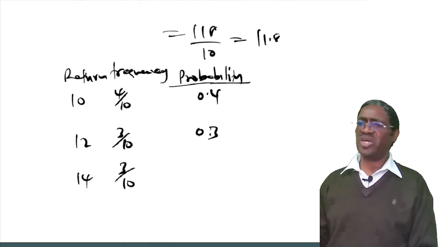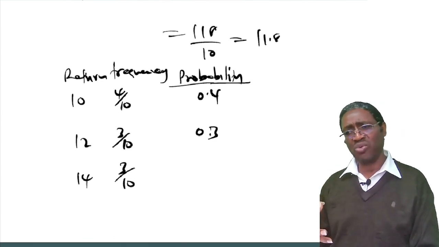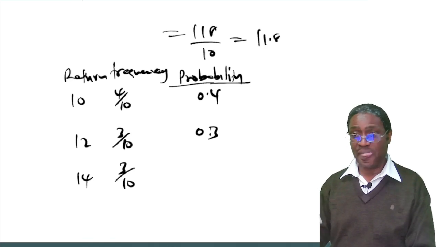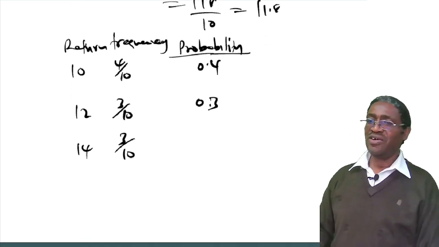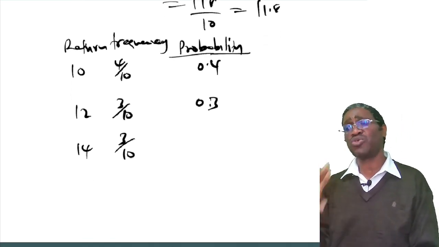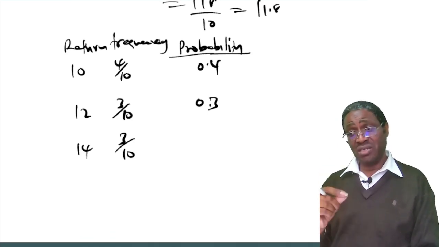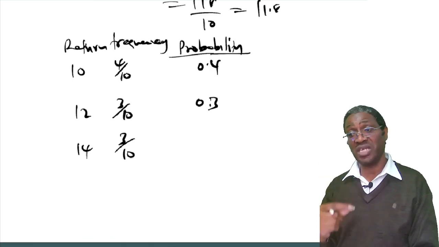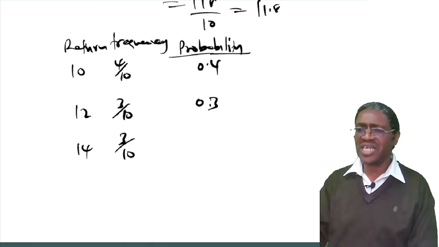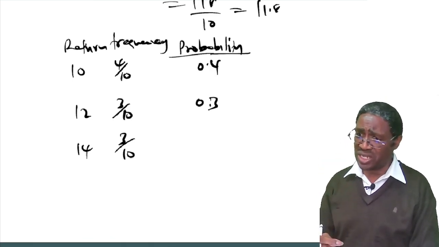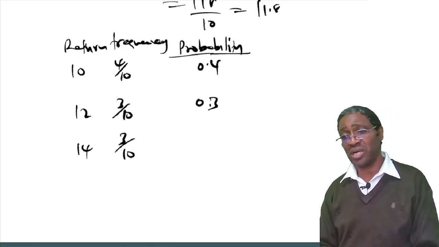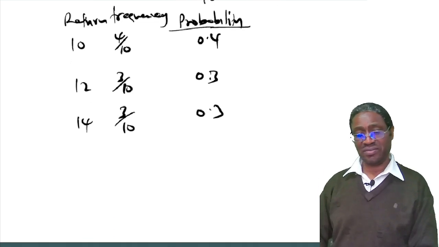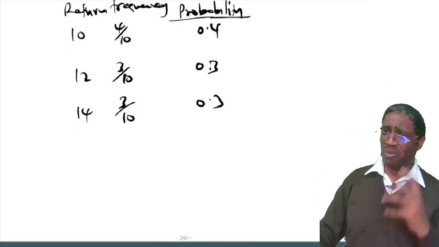So in other words, you can see the probabilities represent the frequencies. Good. 14 as a return occurred 3 times out of 10 years. So the probability that I may get a 14% return next time is 0.3.